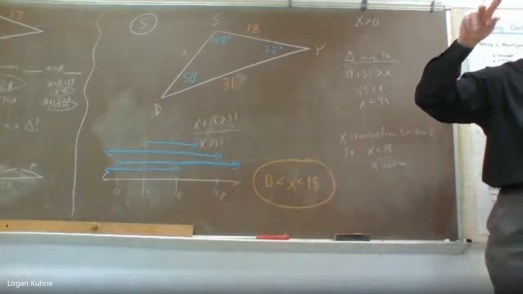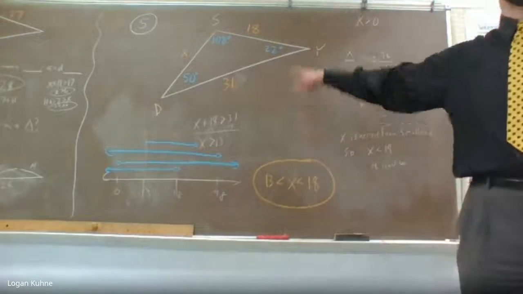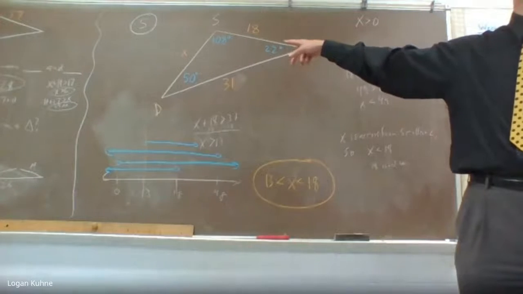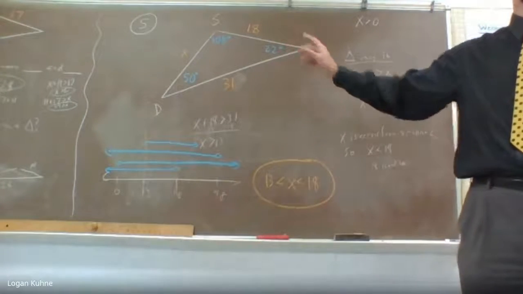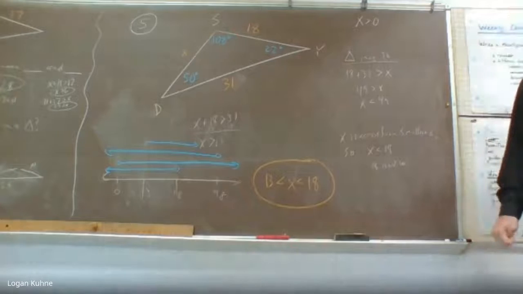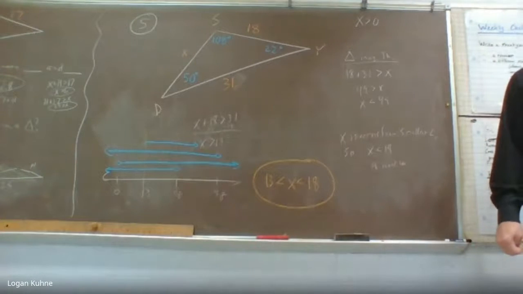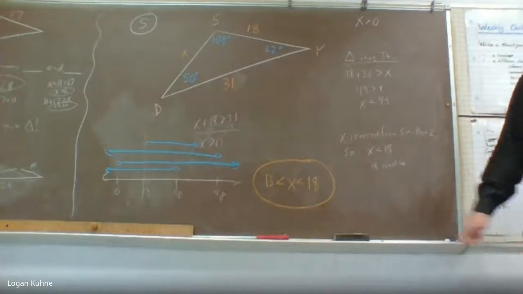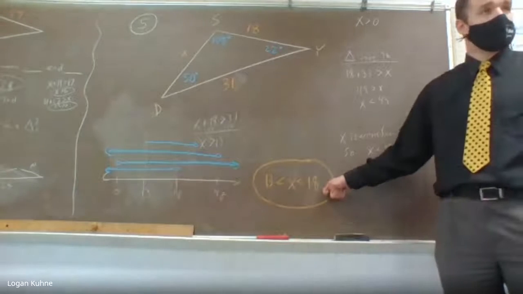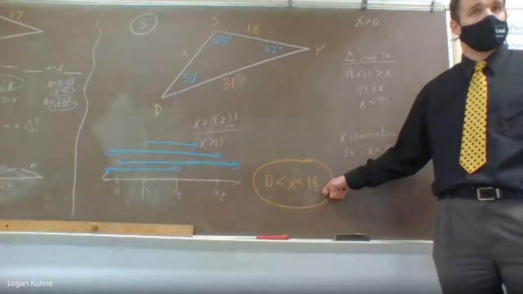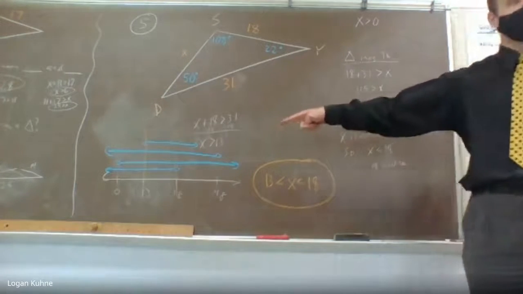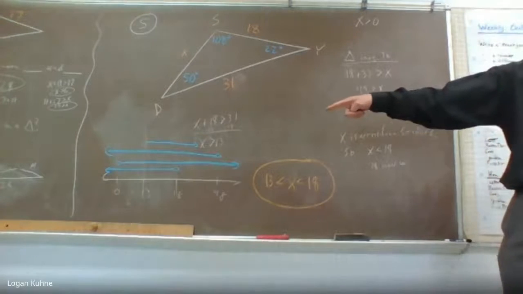Number 5 and 6 on last night's homework are problems like this. Okay? They're problems like this. So you might want to make sure you got this down in your notes. Okay? Maybe you want to add that. I don't know. If you can figure it out on your own, cool.